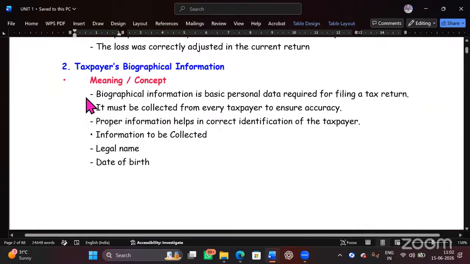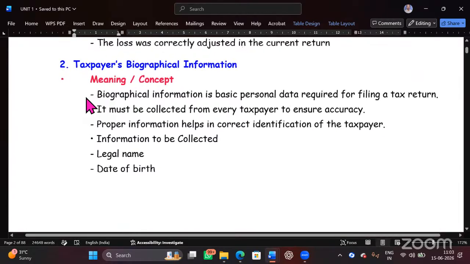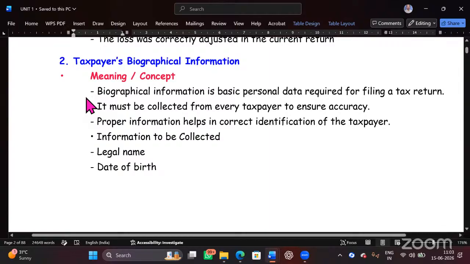Taxpayer's biographical information is the basic personal data required to be filled in for the return. This data is to be collected from the taxpayer. Suppose a tax expert, that is a tax preparer, is helping to submit the taxpayer's return.